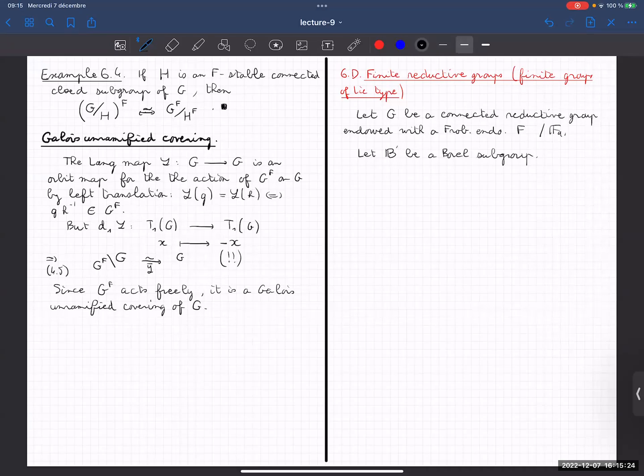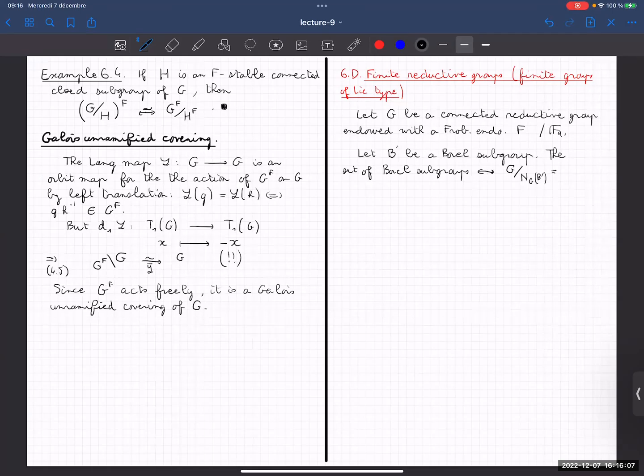So first of all, we need to prove that there is an F-stable Borel subgroup. And this works thanks to Proposition 6.3. Because the set of Borel subgroups, since all the Borel subgroups are conjugate, so I shouldn't put 2 bars, only 1 bar is sufficient, is in bijection with G modulo the normalizer in G of B'.